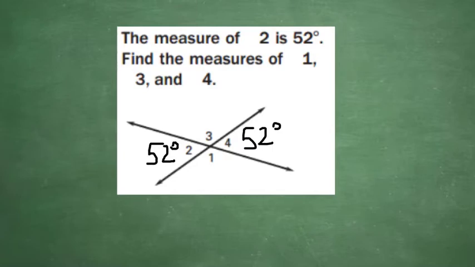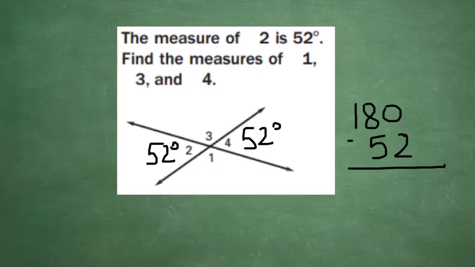Now to find our linear pair, the linear pair are always supplementary. So we're going to want to subtract that measure from 180 degrees, and we're left with 128.